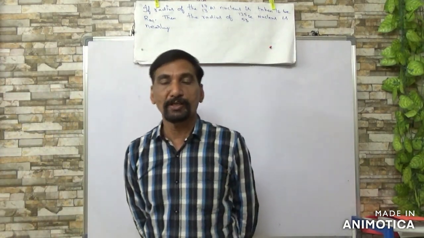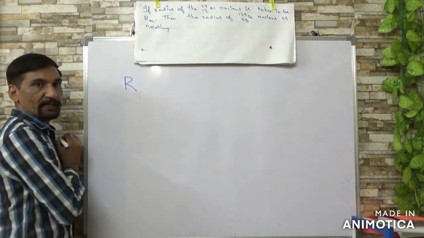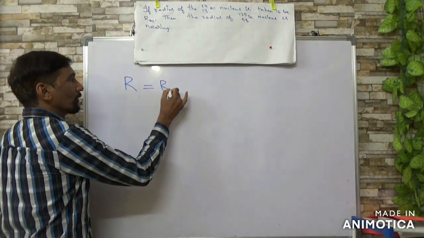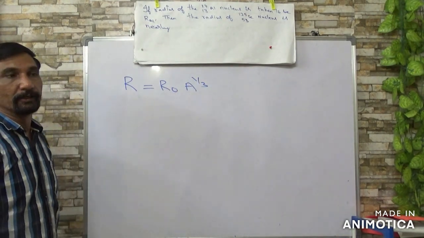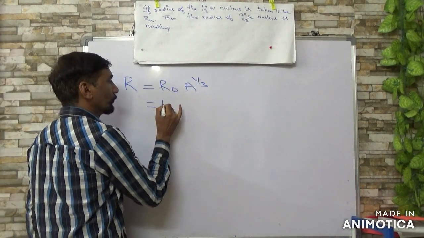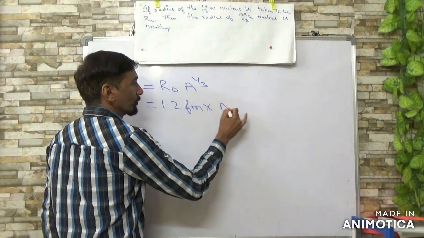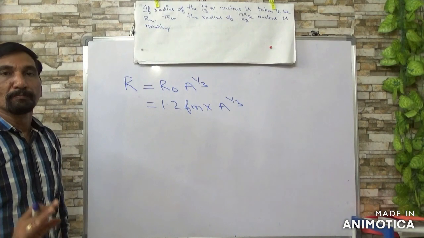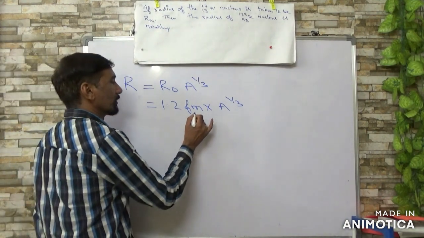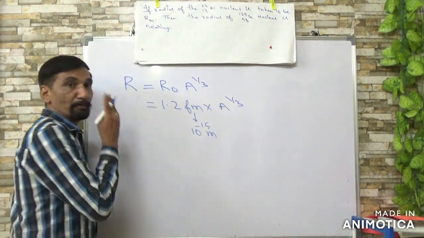Okay, now about nuclear physics. So based on the radius of nucleus also you will be given some problems. Okay, so radius of nucleus is equal to R naught into A power 1 by 3, where R naught value is 1.2 Fermi, where A is the mass number, and remember 1 Fermi equal to 10 power minus 15 meter.